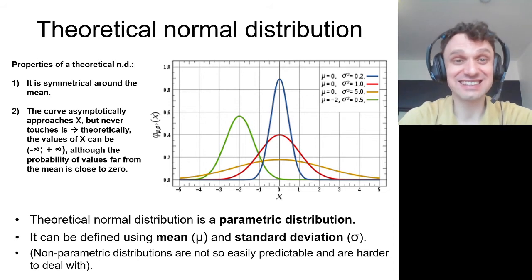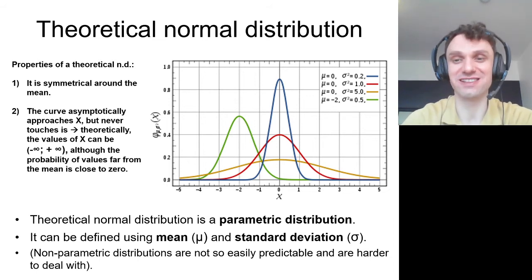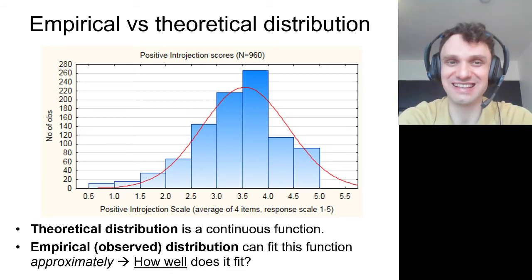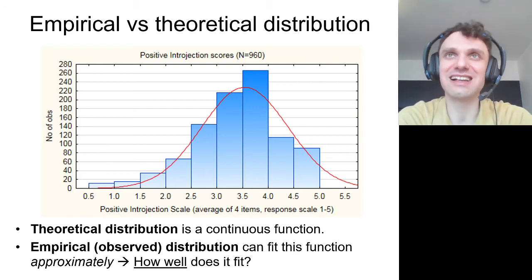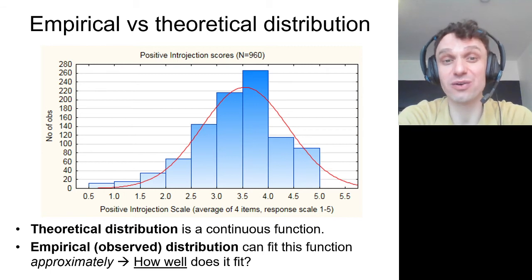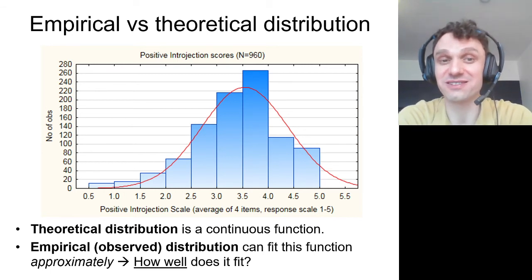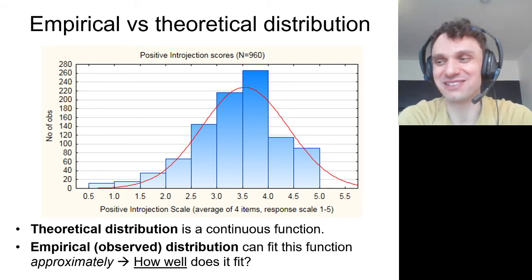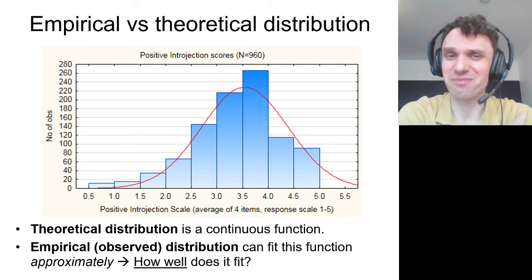Of course, this is a theoretical normal distribution. In practice, when we face our empirical data, our distributions don't always look exactly the same. So here, for example, you see scores on a questionnaire measuring positive introjection. It's a type of motivation when people say, I do this because I'm proud.